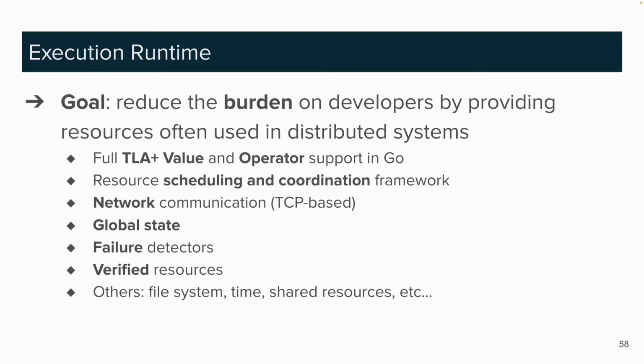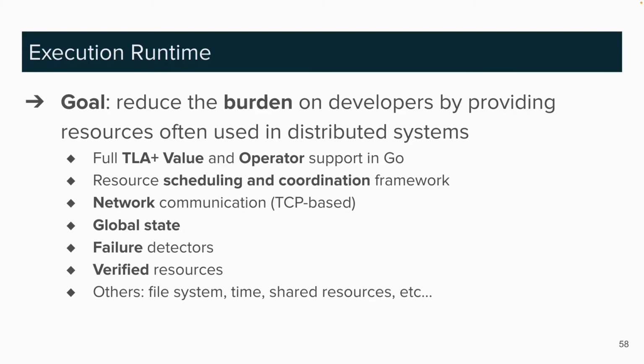So we have a full implementation of all the TLA+ value operations. If TLC can execute it, probably so can Pico. We have all the scheduling framework for the algorithms we've been discussing so far implemented. And we also have a variety of hopefully useful resources that we built up as we tested and tried out different things with Pico.